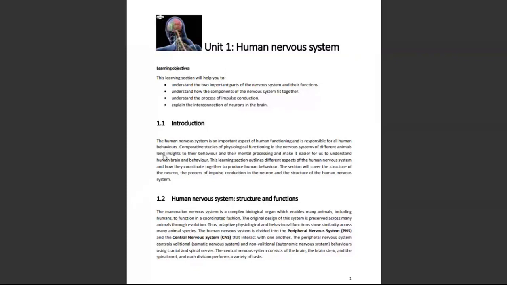Introduction 1.1. They say the human nervous system is an important aspect of human functioning and is responsible for all forms of behavior. By behavior, when you talk, it's part of behaving.